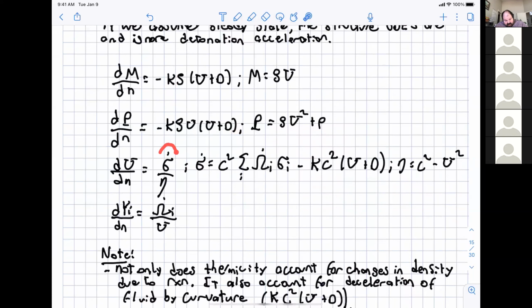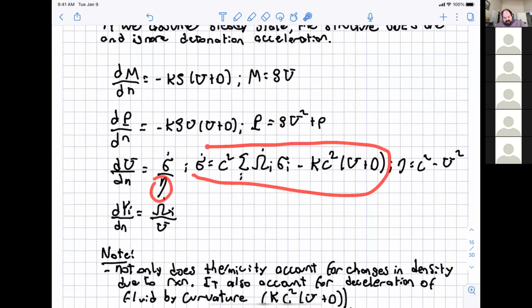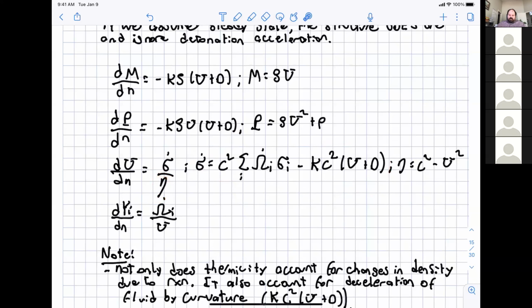Instead, there will be a sonic plane, and we require for equilibrium that the sonic plane and this modified thermicity go to 0 at the exact same point. If the flow is sonic and the thermicity goes to 0 at the same point, we have ourselves a nice equilibrium detonation.